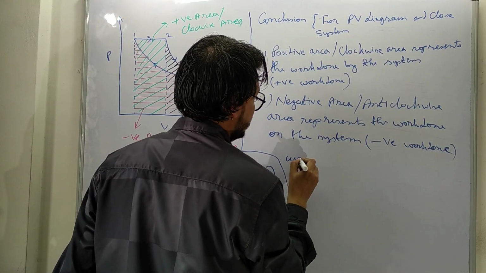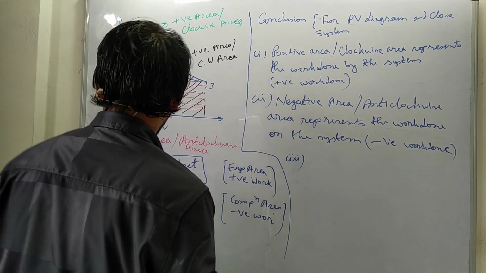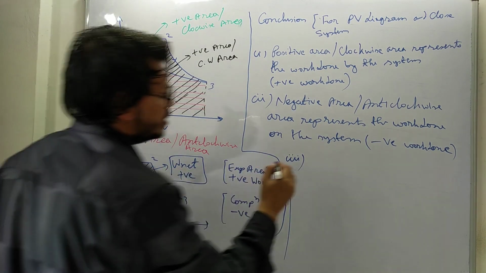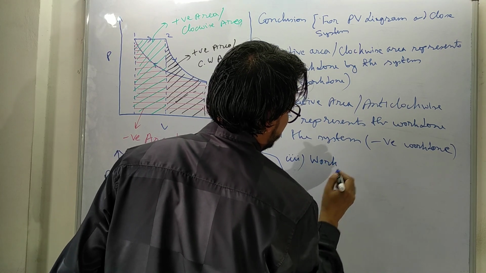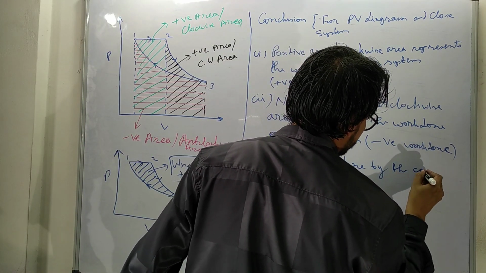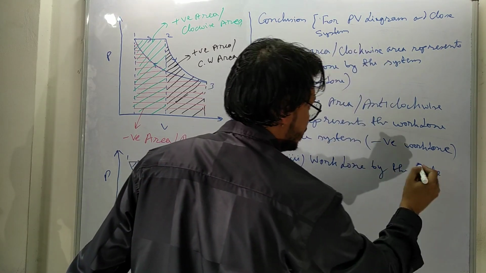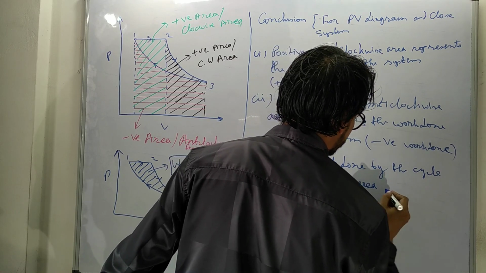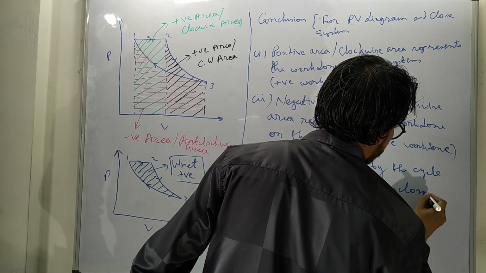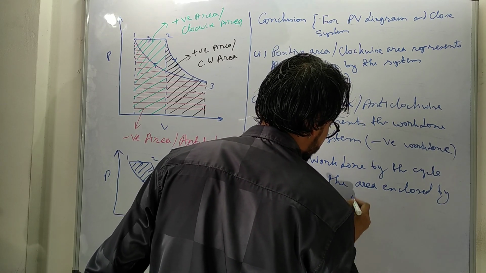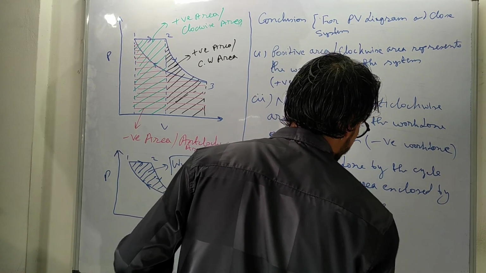And the third one, work done by the cycle is the area enclosed by the cycle on the PV diagram.